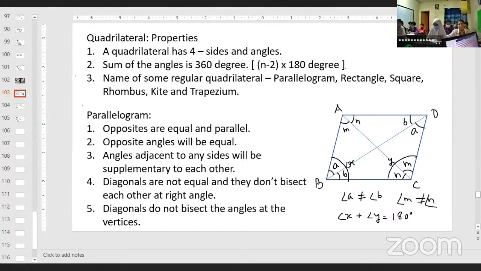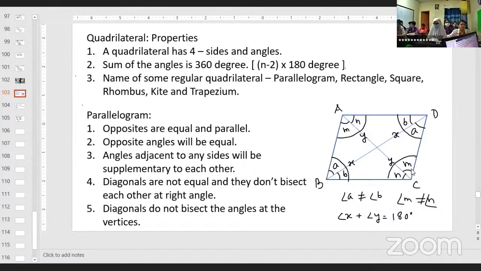If this one is x, the opposite one will also be x. If this one is y, that one will also be y, as the opposite angles are equal. So these two angles adjacent to a side are supplementary, right? So all the pairs adjacent to one side are supplementary.